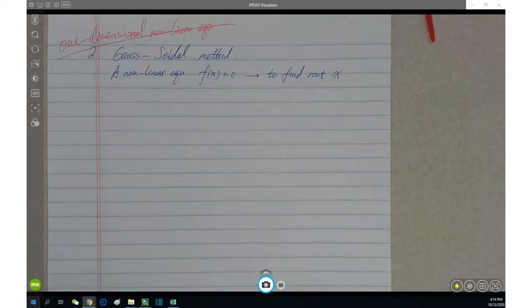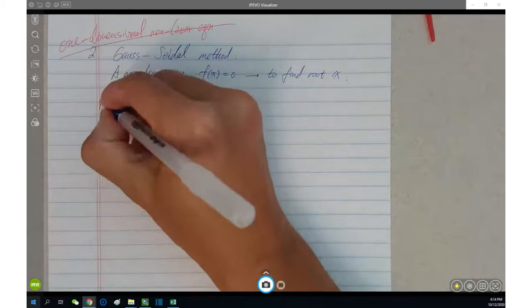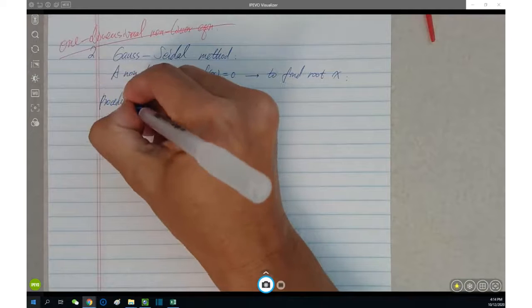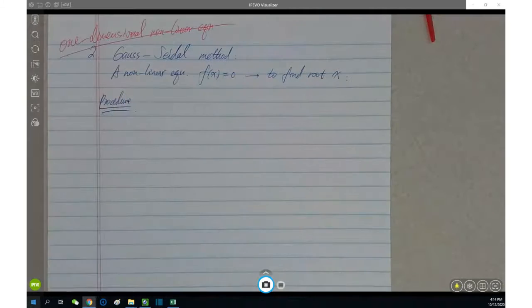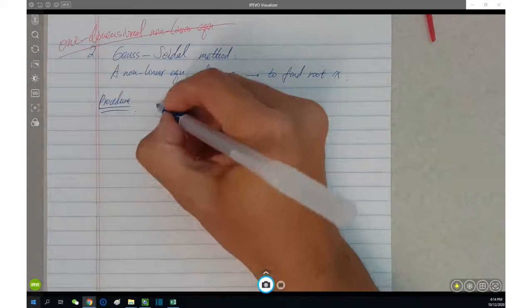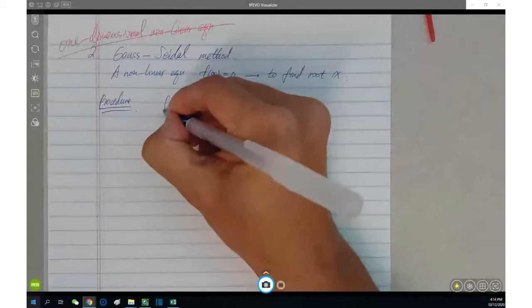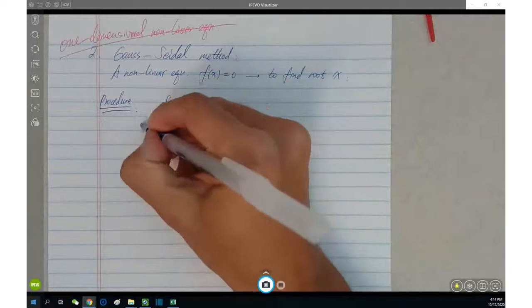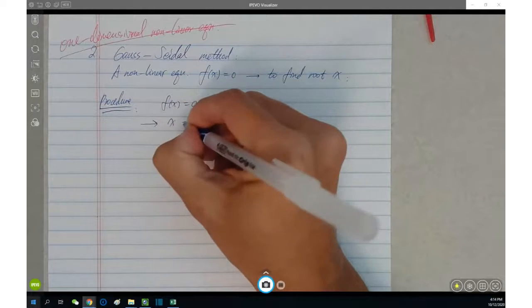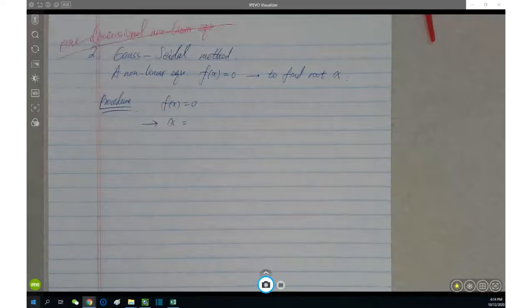Now how do you do it? The procedure, let's briefly talk about it. First, we'll derive x. This is the equation itself.